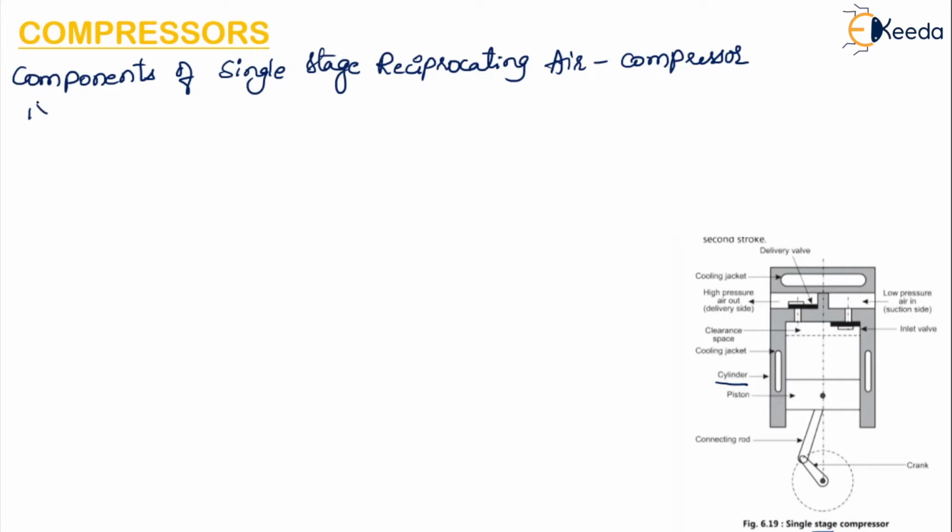The components of a single stage reciprocating air compressor: it consists of a cylinder. Then there is a piston, which you can see mentioned here. Then there is a crankshaft, this is the crank.